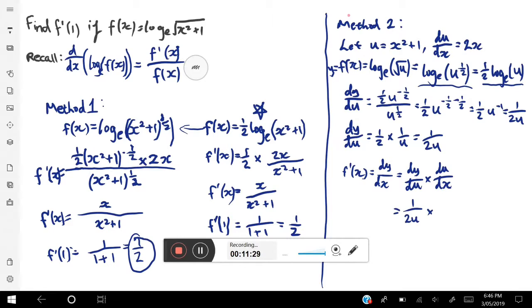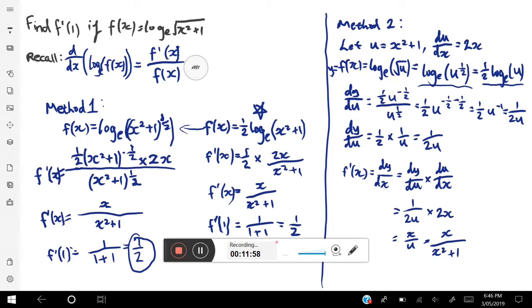Multiply by du dx, we found that too in the first line, where we let u equal x squared plus 1. So that's just 2x. Multiply that through, half and 2 cancel out, so it's x on u. Sub the u back in. That gives you x over x squared plus 1. And note that this is the same as our first method. We end up at x over x squared plus 1, which is good because that's what we expect.